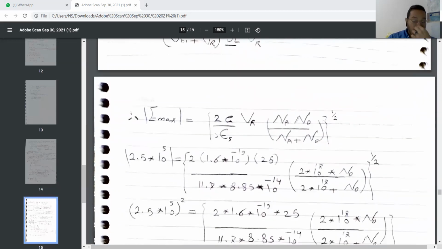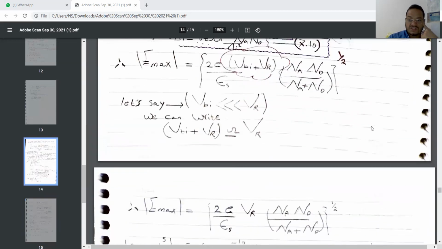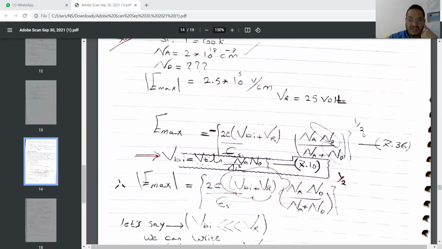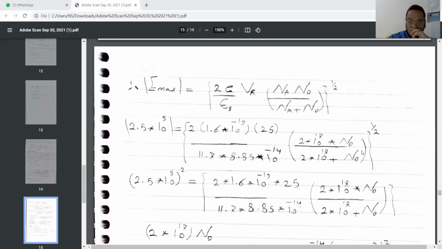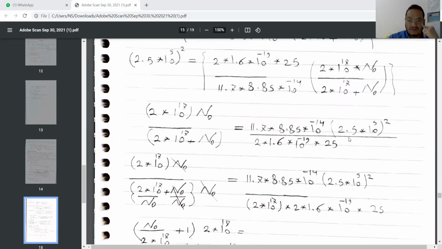Let's keep going. Here equation 7.36 looks like that, and we use it to calculate the last result of ND.